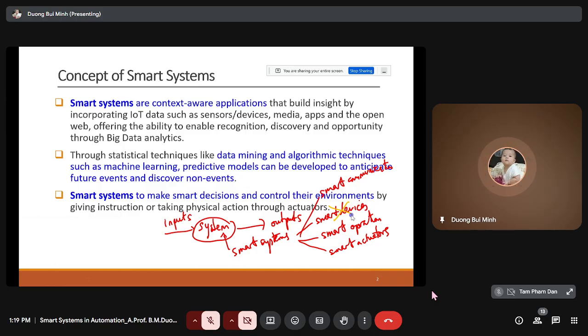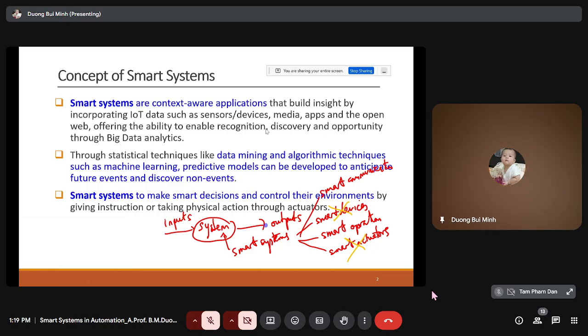In that course, you learned about smart sensors: smart current sensors, smart voltage sensors, humidity sensors, temperature sensors. We studied a lot of sensors. So we will skip smart devices. We also skip smart actuators, because in the course of industrial sensors and actuators, you also studied some intelligent actuators.